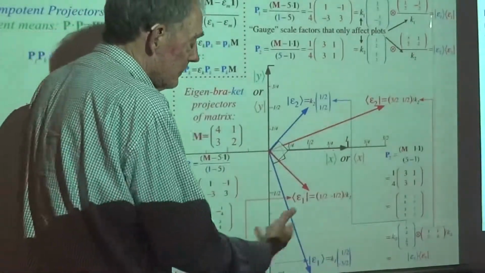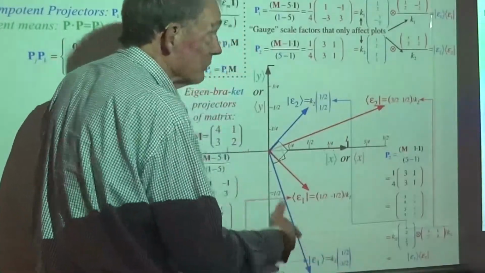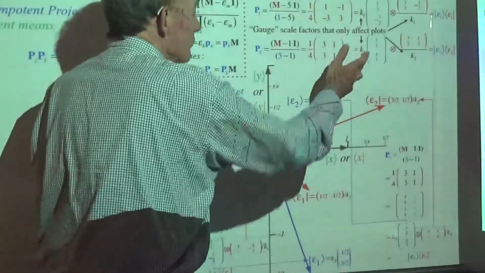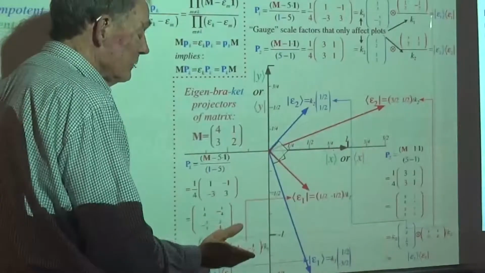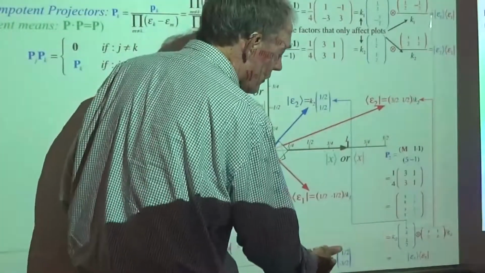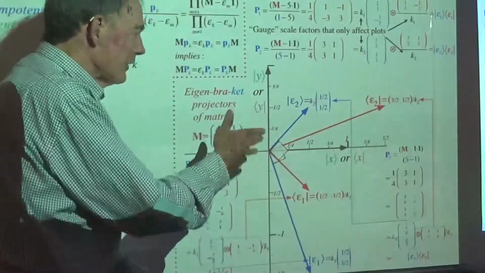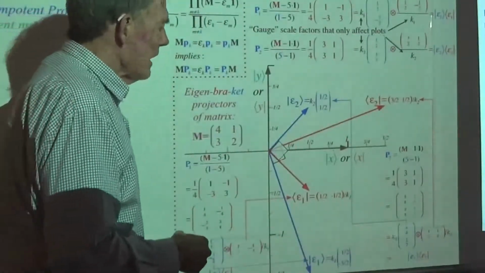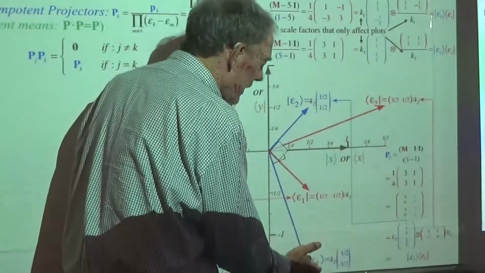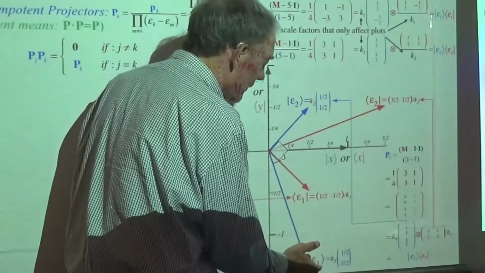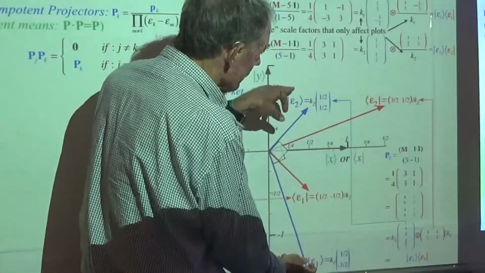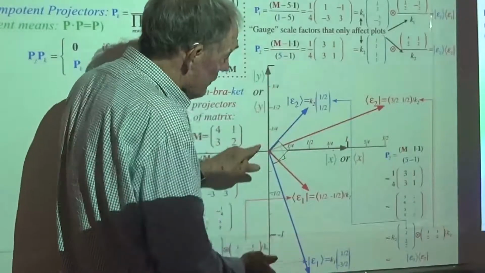I'm not changing K1 to anything, I'm just letting K1 be 1 and K2 be 1 here. But if you didn't like this thing being so long, you could put K1 to something that would shorten it up. It's better to just leave them the way they are and see what happens here. This is the ket set right here, the blue things. These are the two kets. Notice that they are not orthogonal.